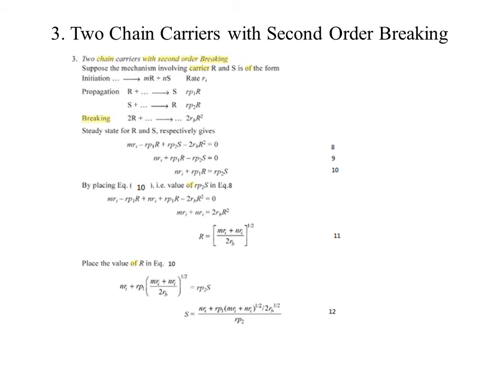Propagation step: R radical will combine with the other molecule to form S radical with rate constant RP1R, or S will combine with another molecule to form R, the free radical, with the rate constant, and termination 2RB R square.